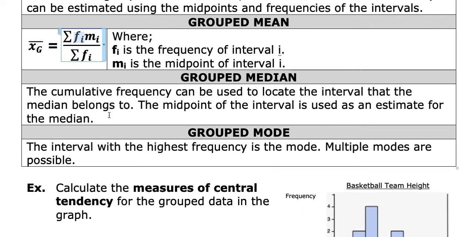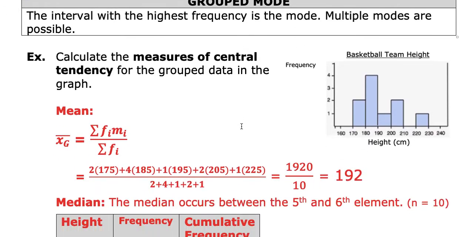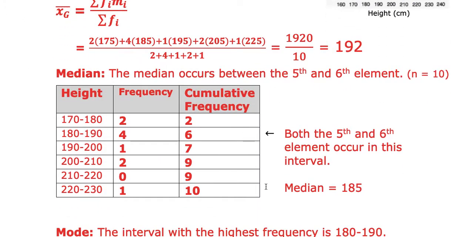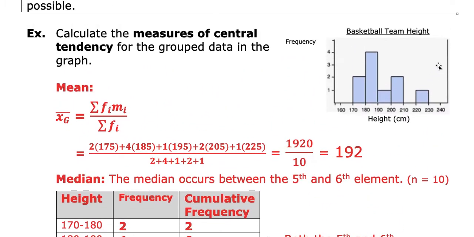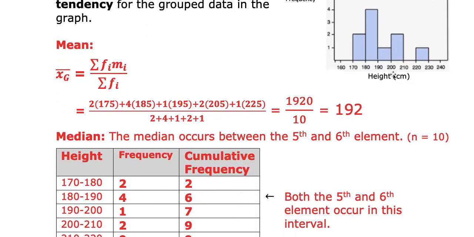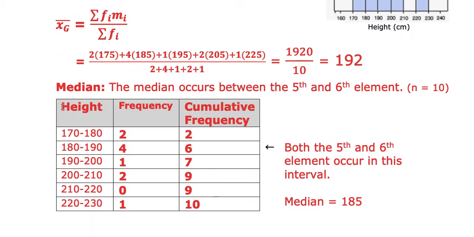That being said, the cumulative frequency can be used to locate the interval that the median belongs to. The midpoint of the interval is used as an estimate for the median. So this is where we can apply our cumulative frequency. We just took this information that is in our graph and expressed it in this table, the height and the frequency.